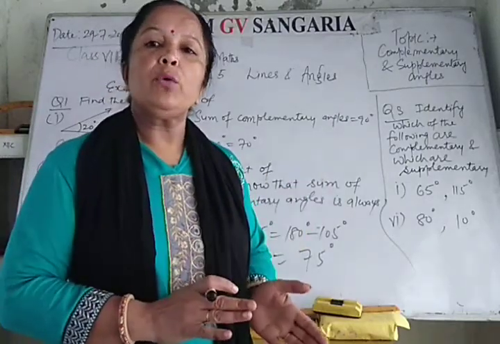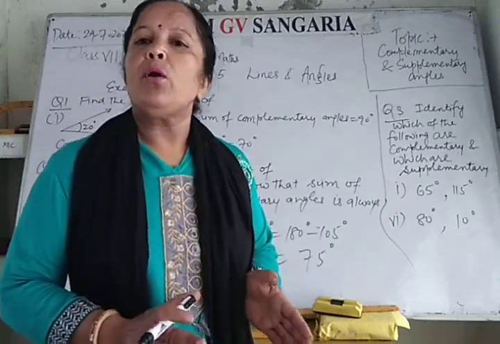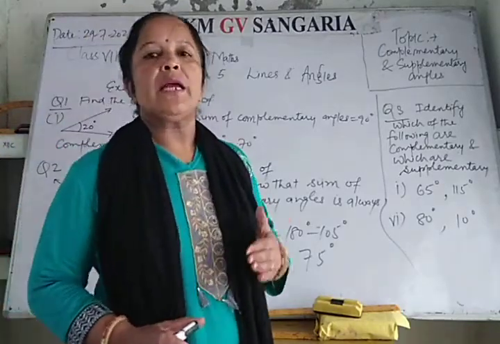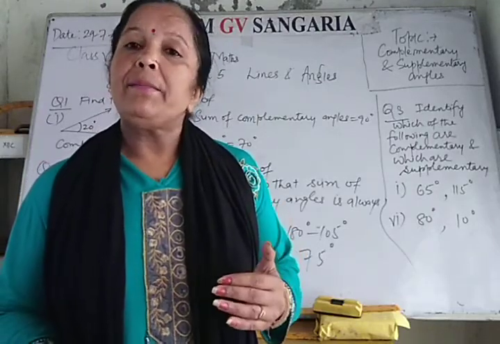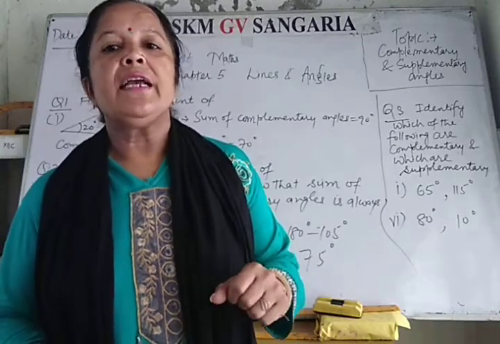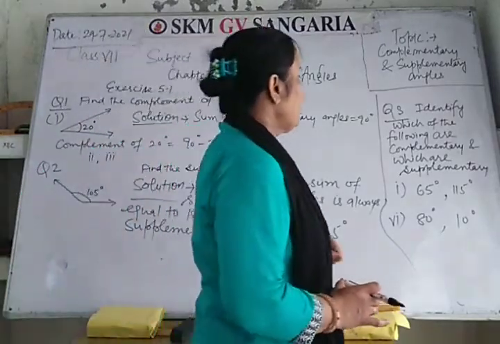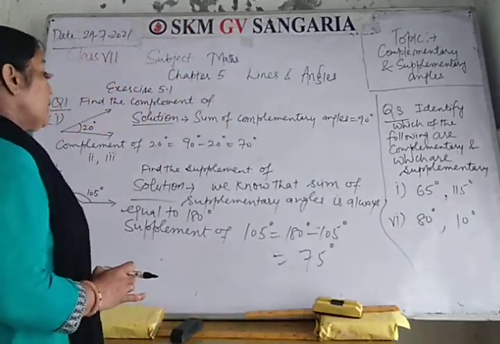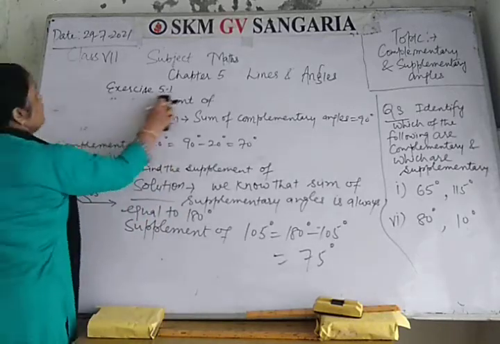When the sum of the two given angles is equal to 180 degree, the angles will be called supplementary angles. Here the pair of angles is 65 degree and 115 degree. First of all, you will find the sum of the angles.